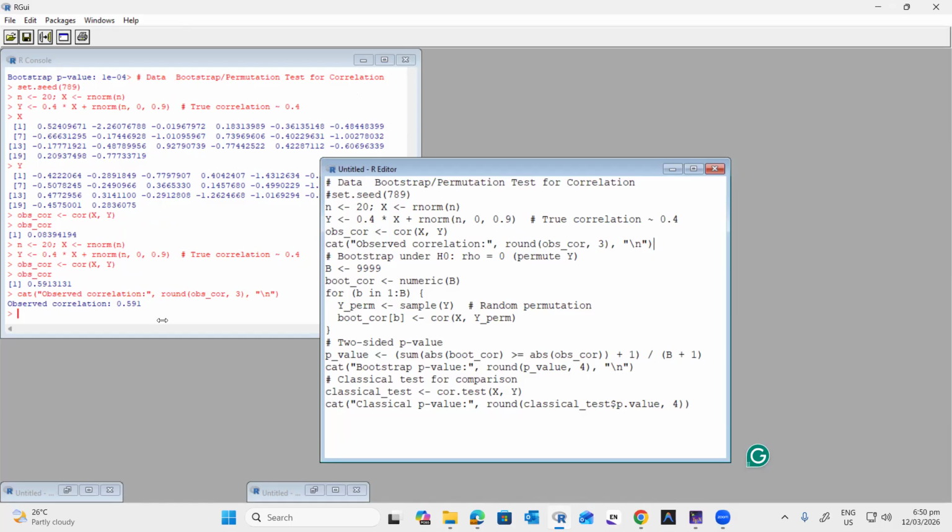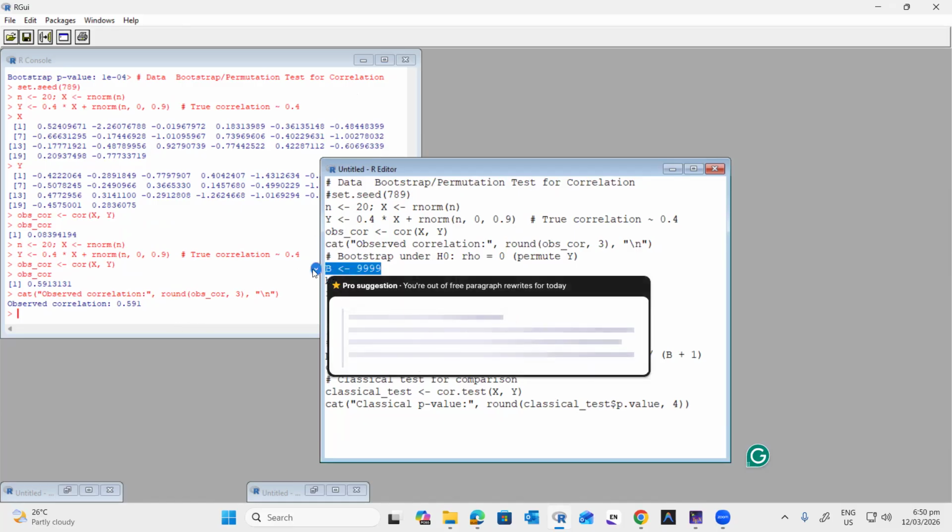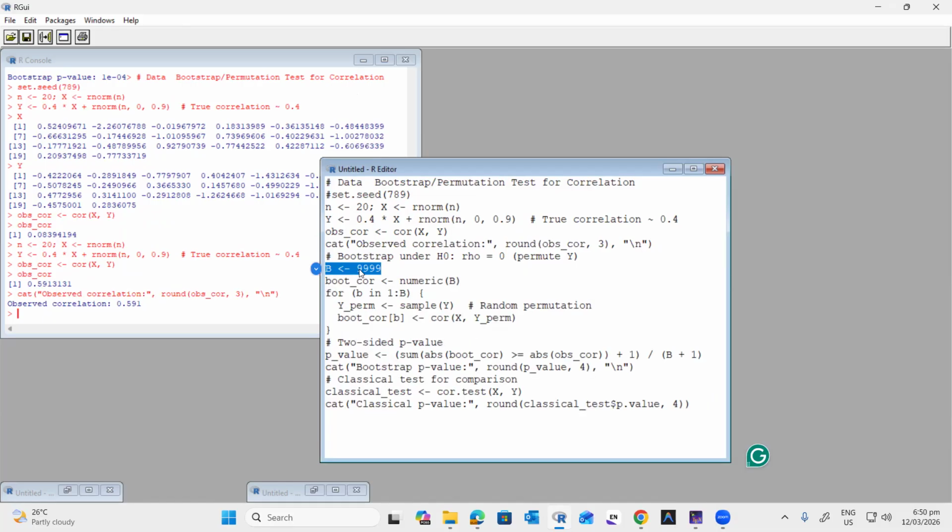After that we are going to run the bootstrap up to 999 times, and we introduce an empty vector boot_cor where we will store the correlation values.